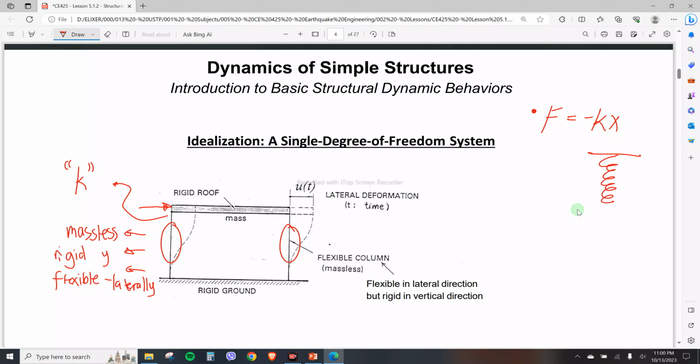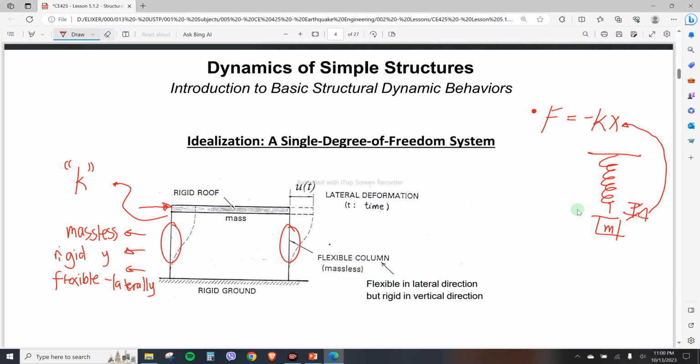If you have a spring in its initial condition, and then you add a mass on it, the spring will be displaced to a certain distance. That displacement will be our x, and then you'll have your elastic restoring force.